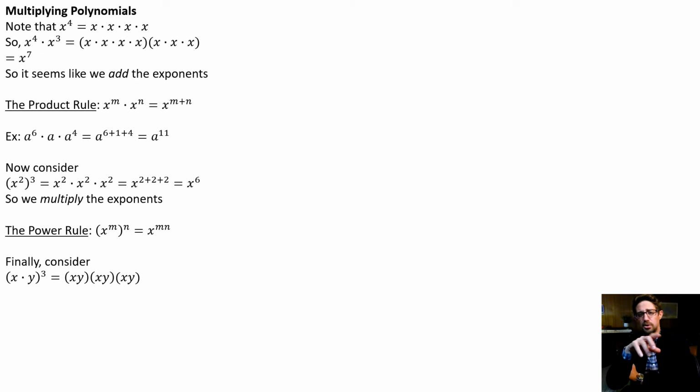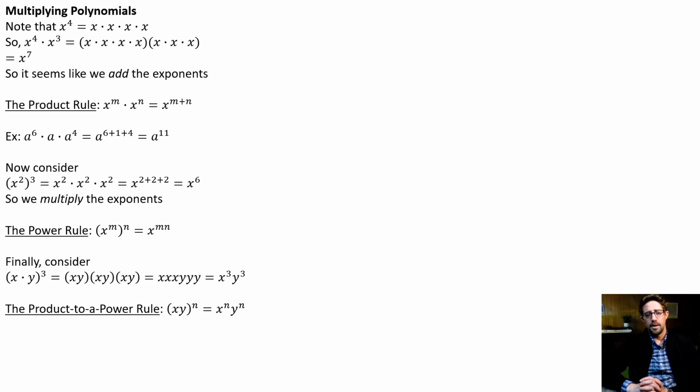And then you know that you could rearrange that into x times x times x times y times y times y, which is the same thing as x cubed times y cubed. So you have 3 total factors of x, 3 total factors of y. So what you'll see is it looks like the power kind of distributed to both of the factors in the product. And yes, that is what happens.